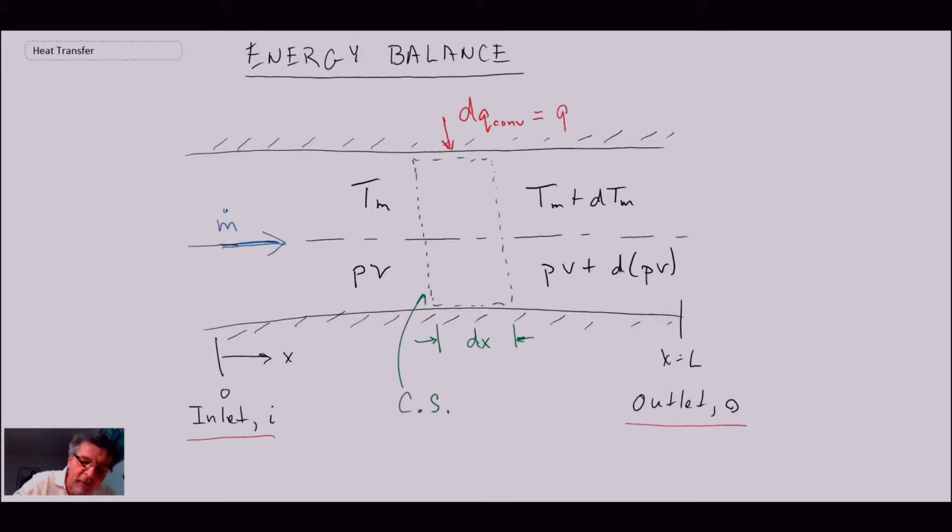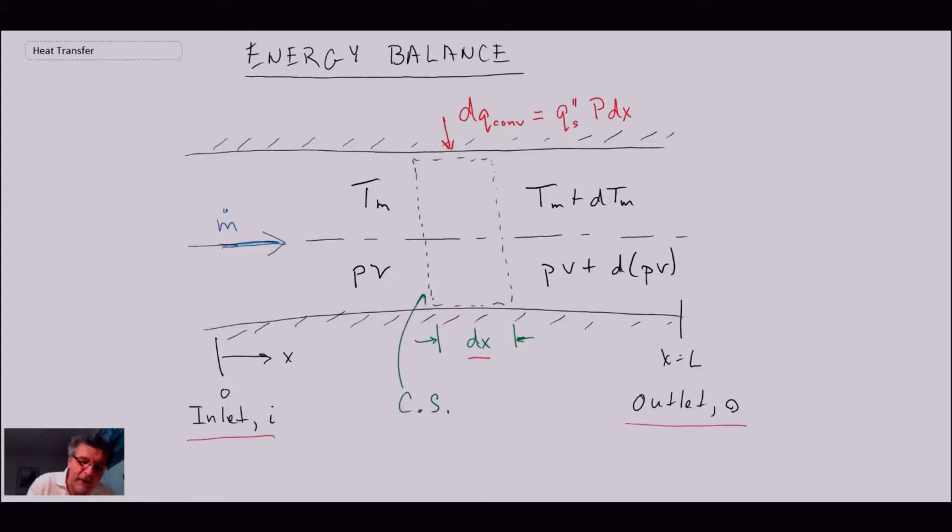The way that we will quantify that is we are going to have some surface heat flux in watts per meter squared. And then we're going to multiply it by the area, or the wetted area on the inside of the pipe. And that is going to be the perimeter of the pipe multiplied by dx. And dx is the length of our little differential element that we are applying the control surface to.